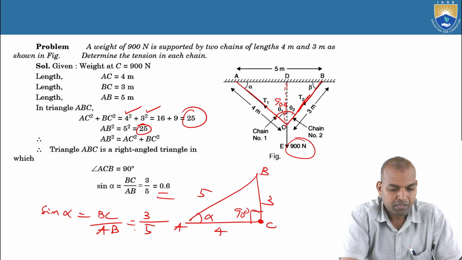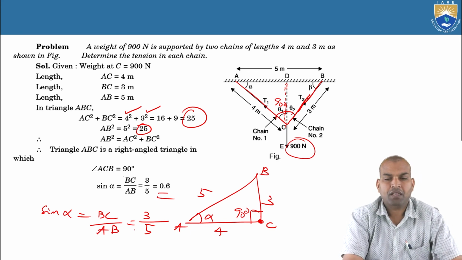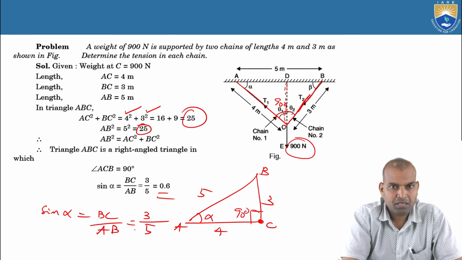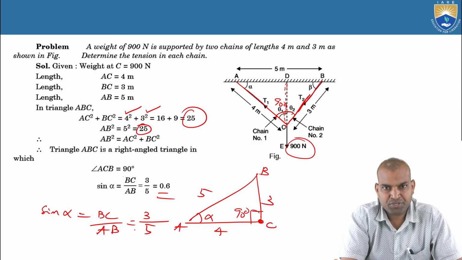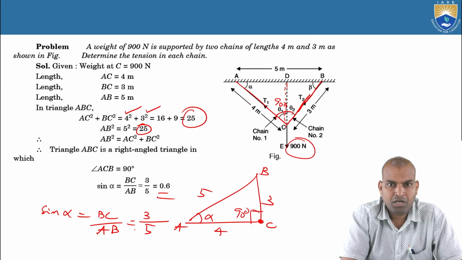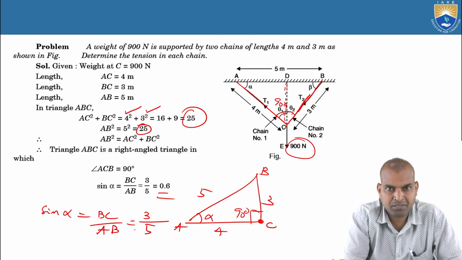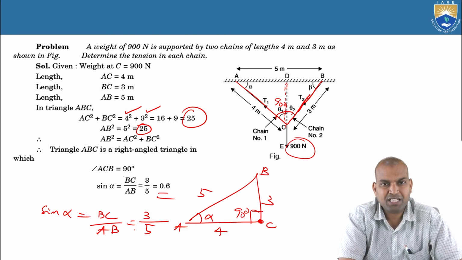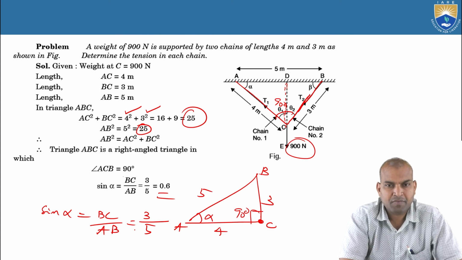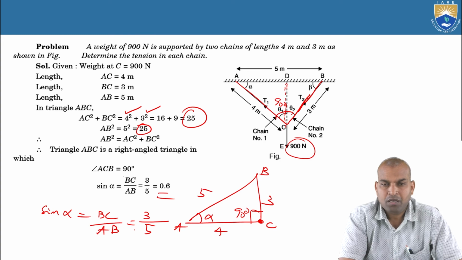So in this session, we have learned what Lami's theorem is, what the importance of Lami's theorem is, and derived the expression for Lami's theorem. And by using Lami's theorem, we solved two models, model 1 and model 2.